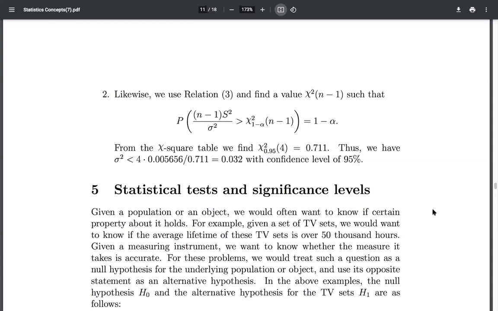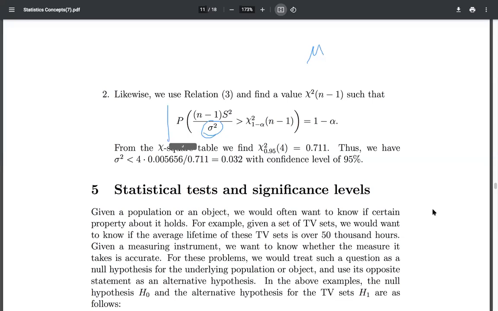What we are going to do is estimate the variance directly, instead of estimating mu, because after you estimate mu, I still don't know what the variance is. So I want to estimate this variance, and for this case, we can use the chi table.